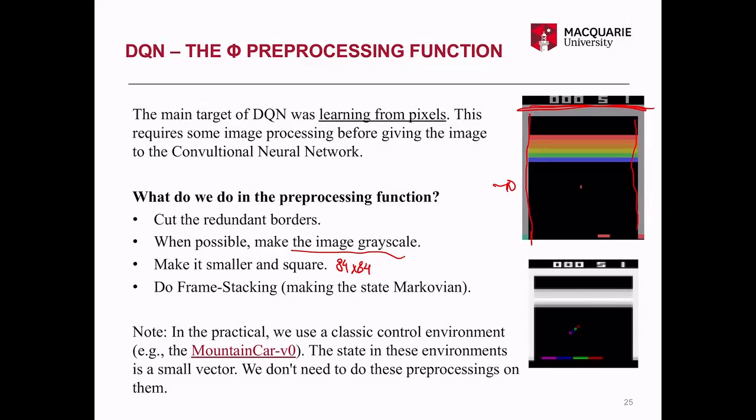To solve that problem and to make it more Markovian, so to speak, or to keep the Markov property assumption, we do this thing that is called frame stacking. It's demonstrated here. Notice that in this example, the red colors are the beginning state and that's the end state.